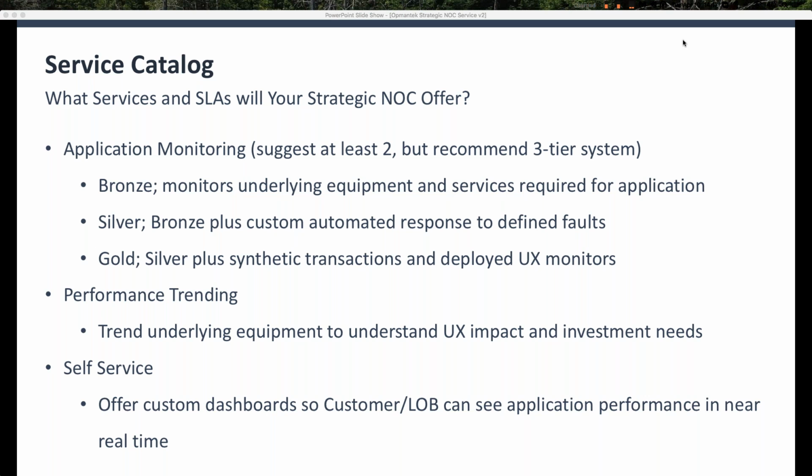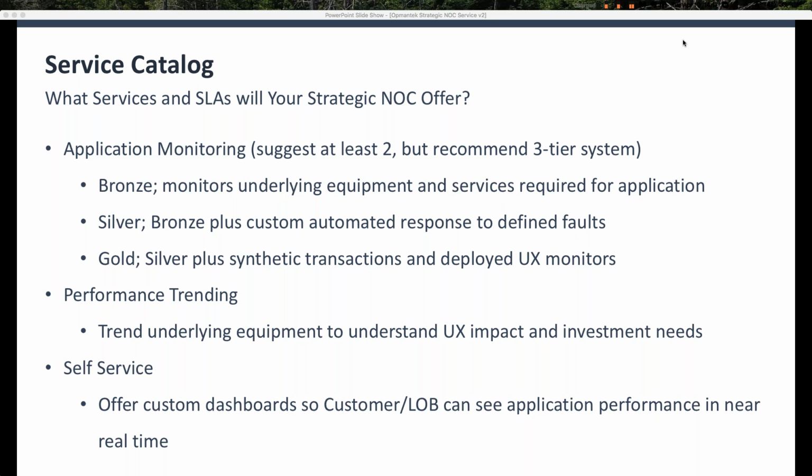We recommend at least 2 levels of application monitoring, but recommend a 3-tier system. The concept being, for example, that you might offer a bronze, silver, and gold level of application monitoring. And again, we're talking monitoring of applications, not necessarily of individual pieces of equipment. Those individual pieces will be monitored as part of that application value chain.